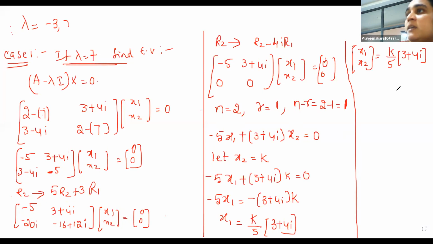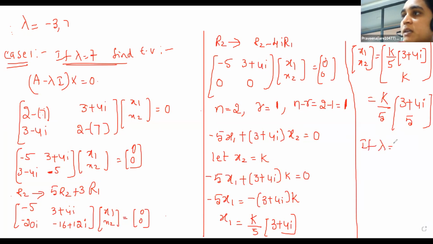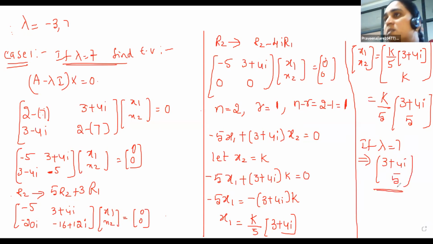From that, eliminating the fractional value, I am taking k by 5 outside and the remaining is 3 plus 4i and 5. Therefore if lambda is equal to 7, the eigenvector is 3 plus 4i and 5. Okay, now this is the final answer for the second case. Note down.